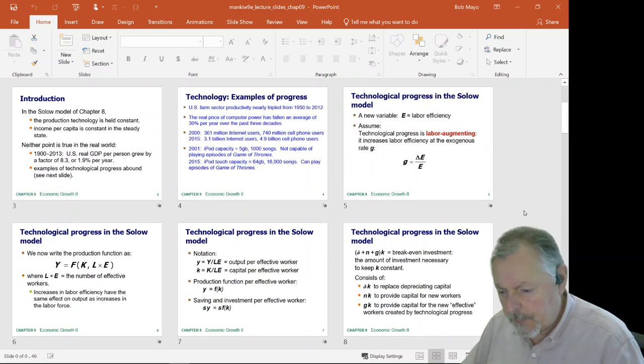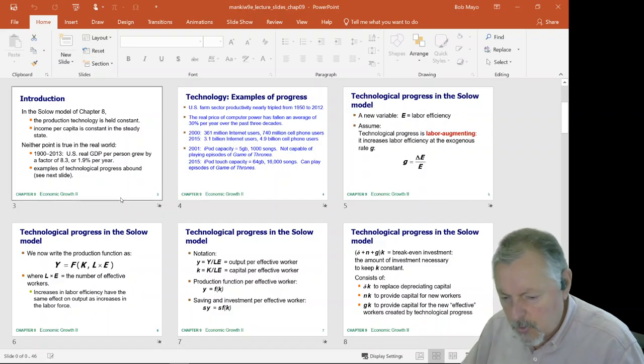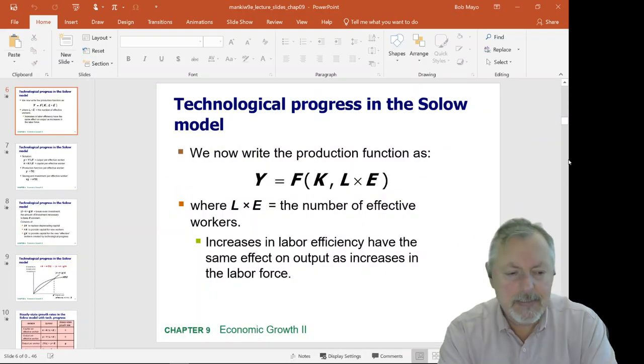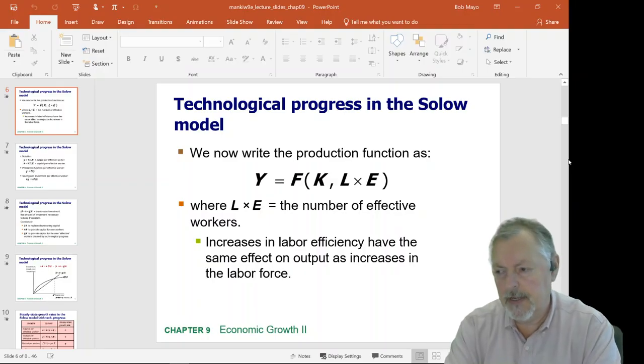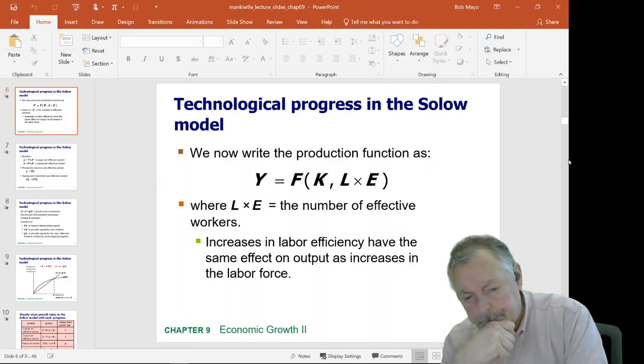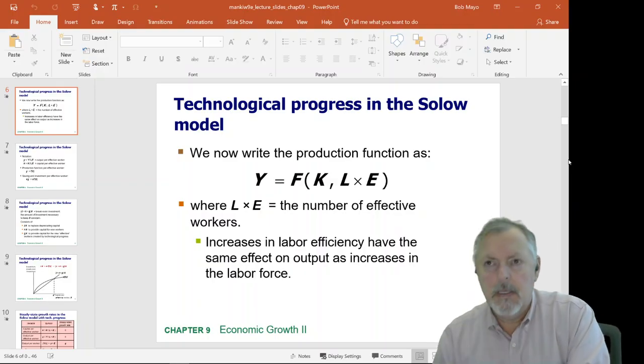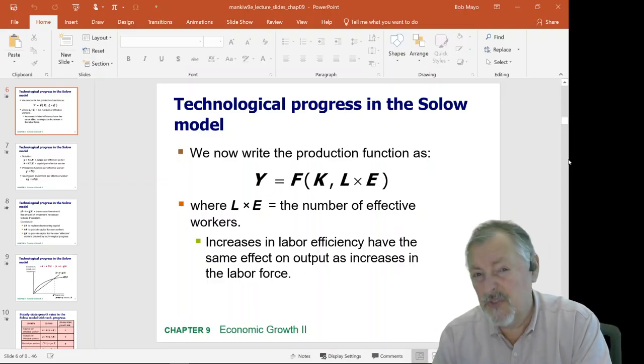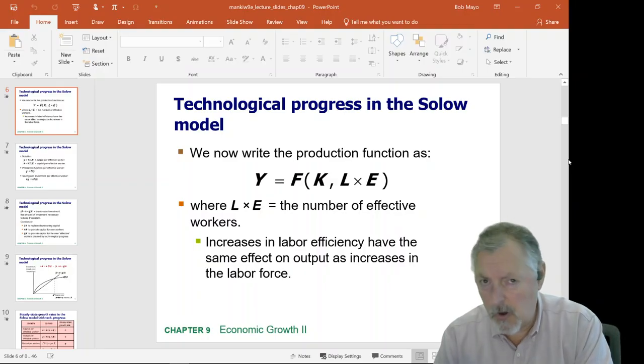Measuring output in per worker terms, that's not too hard to understand. But think of it this way. Things about workers change other than just how many of them there are.